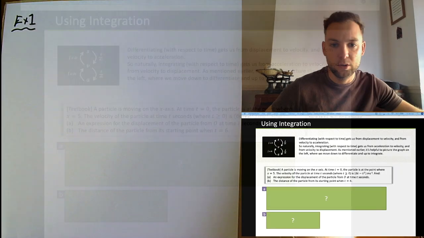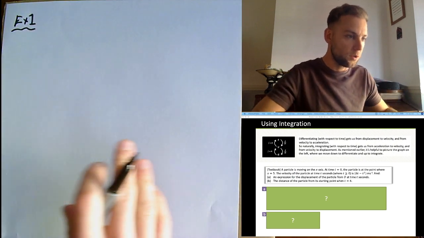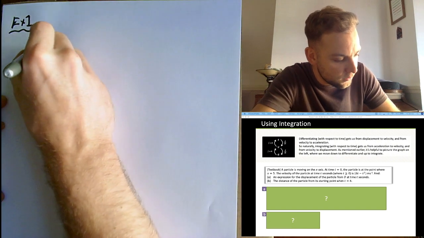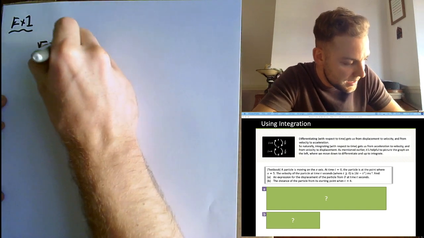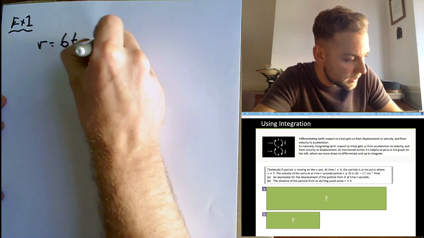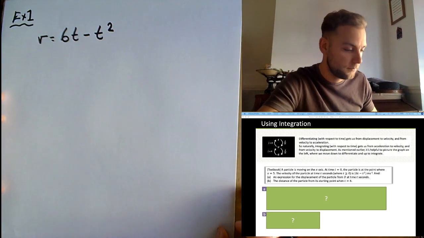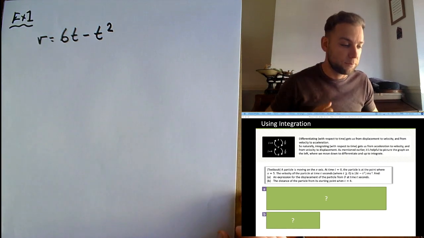So let's have a little look at this then. The first thing worth writing down is what we know, and we know what that velocity is. The velocity is equal to 6t minus t squared. That's my velocity, and it's asking for the displacement.